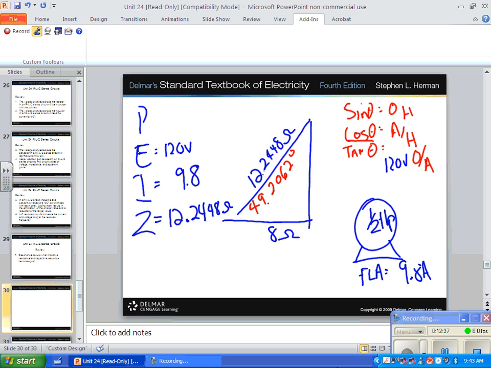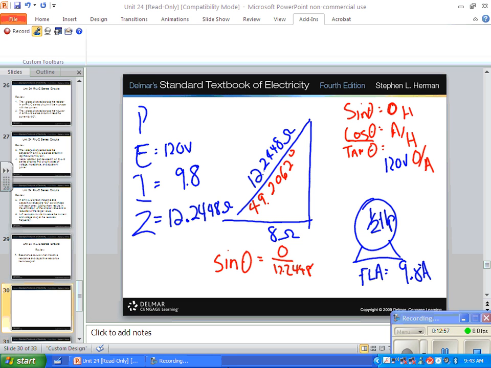If we're looking for the opposite, we can start plugging things in and say the sine of this angle is equal to the opposite divided by 12.2448. Everybody see that?